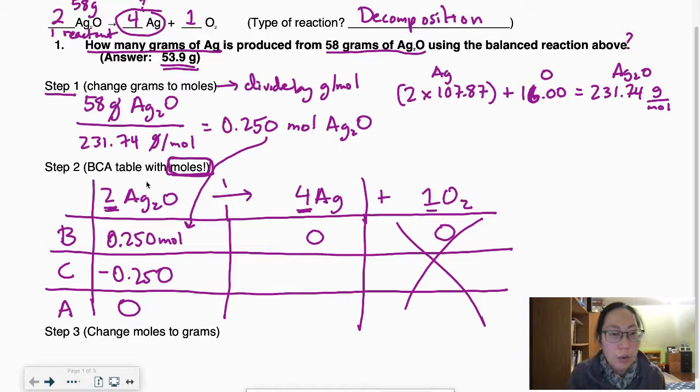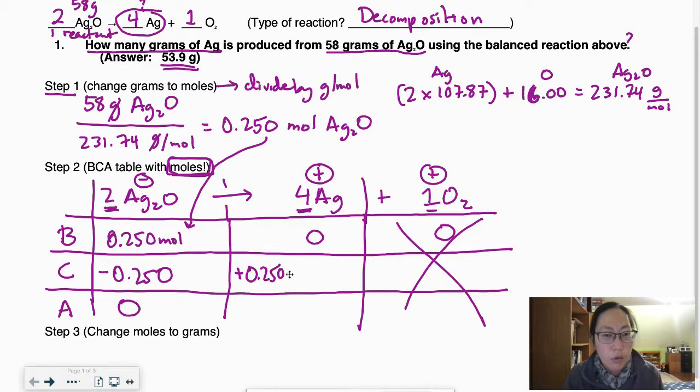So here, remember, our reactants disappear, our products up here. Okay, so we're going to take our change, our 0.250 moles. Let me write that better. 0.250 moles.